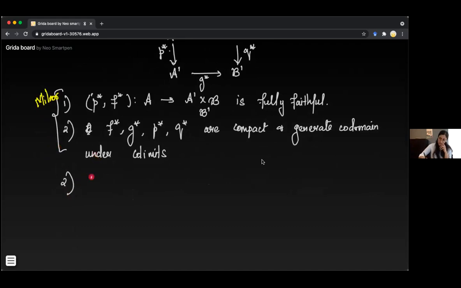So if delta cat satisfies base change, that means the natural transformation, where P lower star is the right adjoint of P upper star, and then this map to Q lower star G upper star, should be an isomorphism.